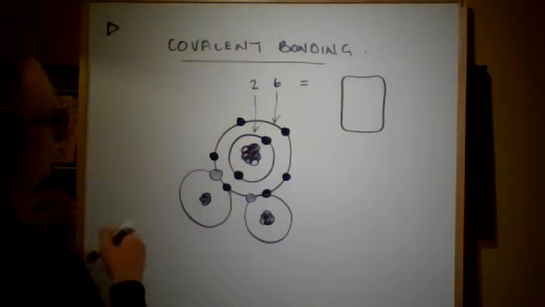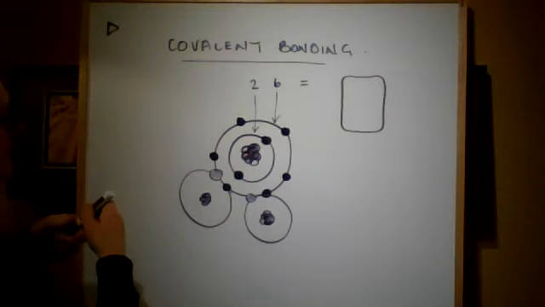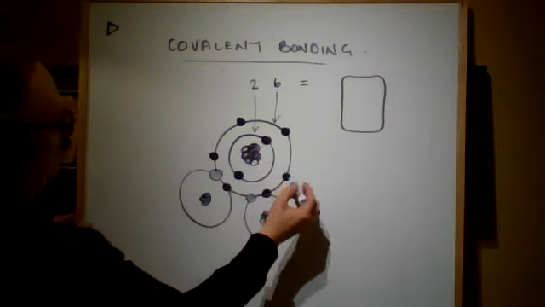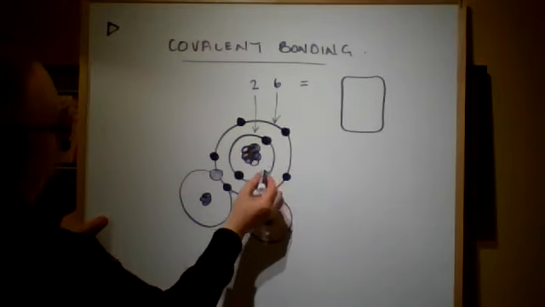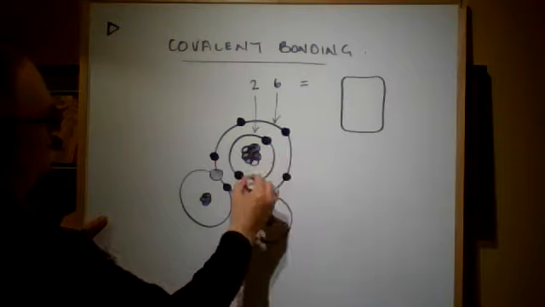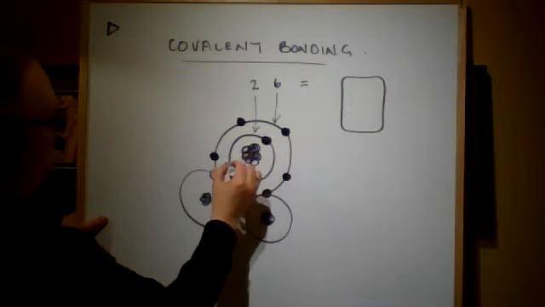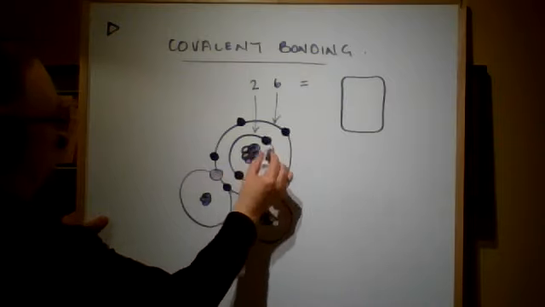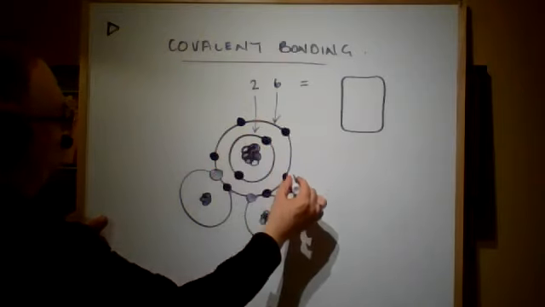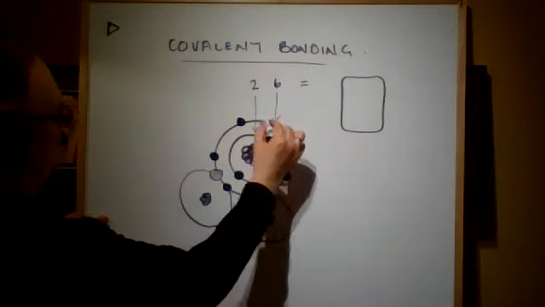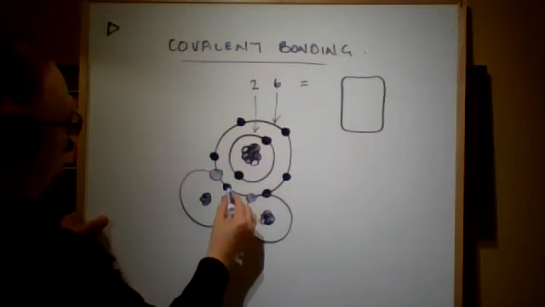Okay, what we have here is one atom of this element, this large one right here in the middle. The inside shell just has 2 electrons, and the outer or valence shell actually has 1, 2, 3, 4, 5, 6.